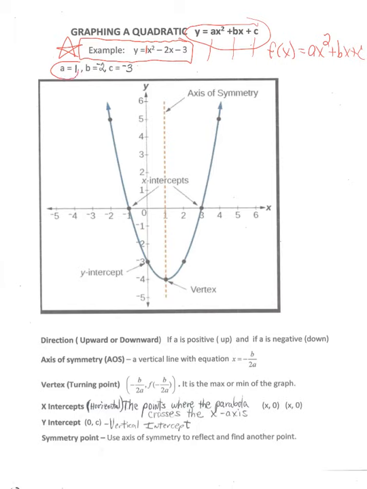So a is equal to 1, b is the coefficient in front of the x, negative 2, and c is the constant number at the back end of the equation. It's like when we're doing y equals mx plus b, it's the back number, it's like the b, and it tells me the y-intercept. And likewise, this c will help me with the y-intercept.